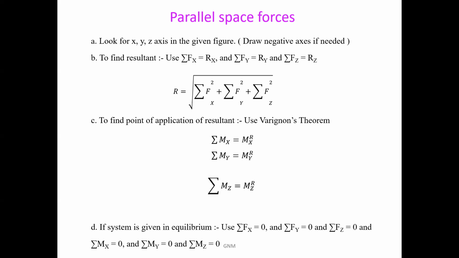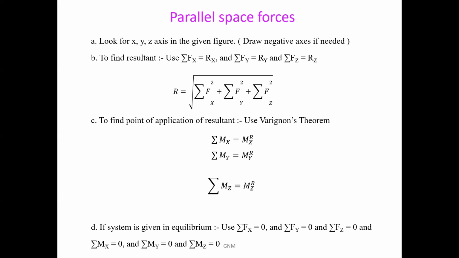To find the point of application of resultant, we can use Varignon's theorem. Summation of moment of all forces about any axis is equal to moment of resultant about the same axis. This will help us to find out coordinates of the point of application of resultant.